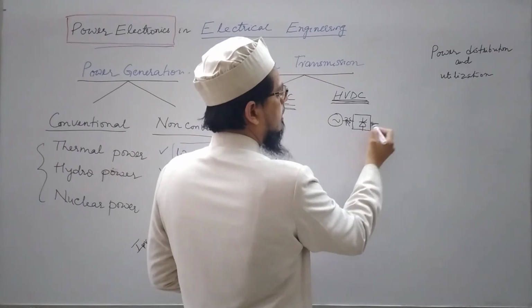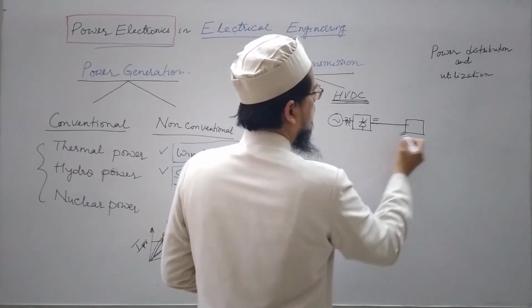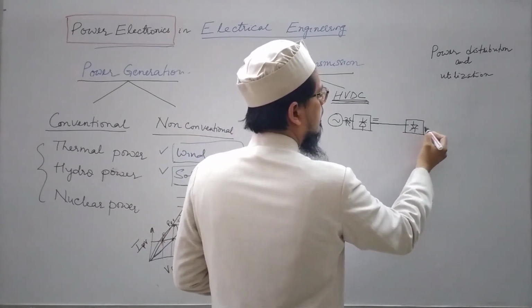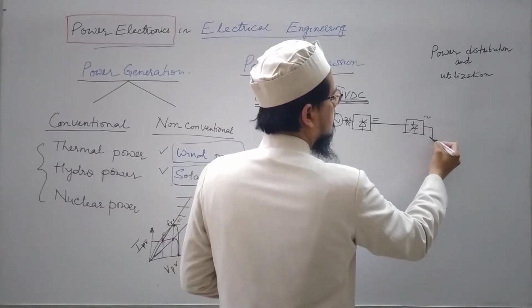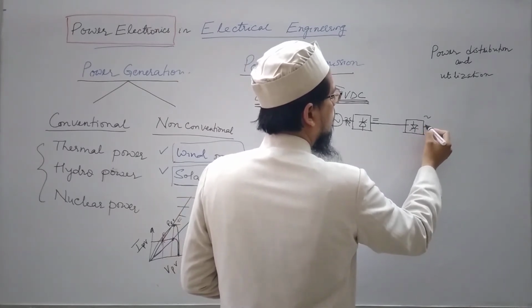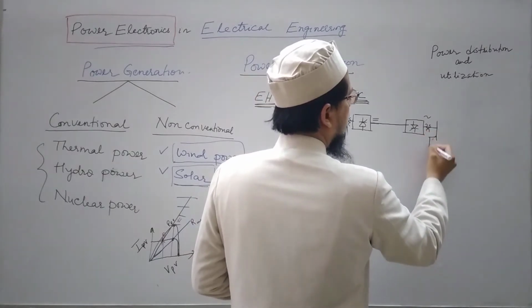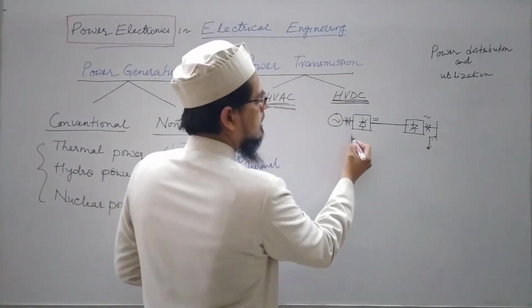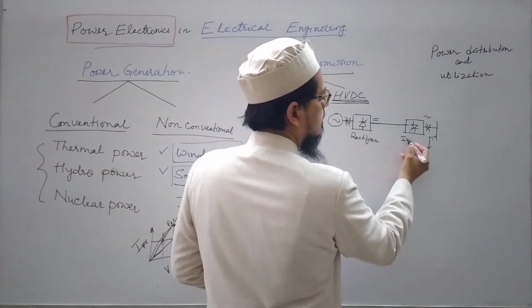Then it is rectified to DC, and this DC power is transmitted to the receiving end. Then it is inverted back to AC, and then given to the load after stepping down the voltage. So here, this is the rectifier and this is your inverter.